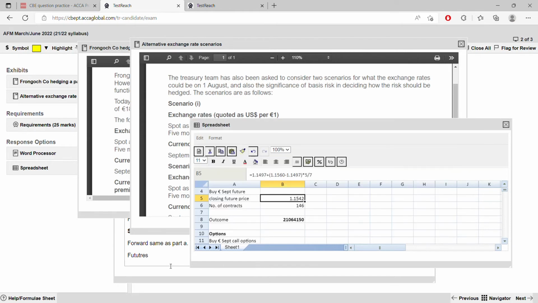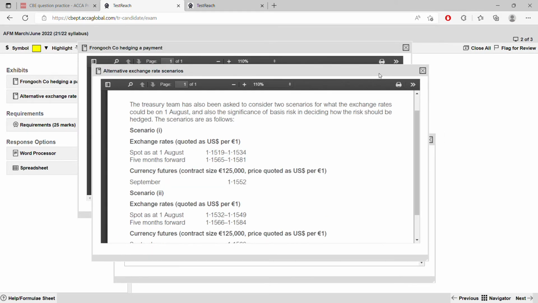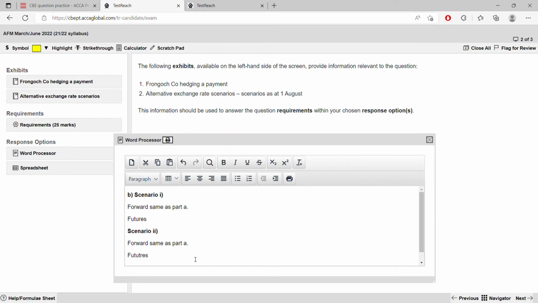Should I write it for you? I think it's confusing. I'll better write it for you. Future. First we'll finish with this. Basis risk in A is 18 basis points.